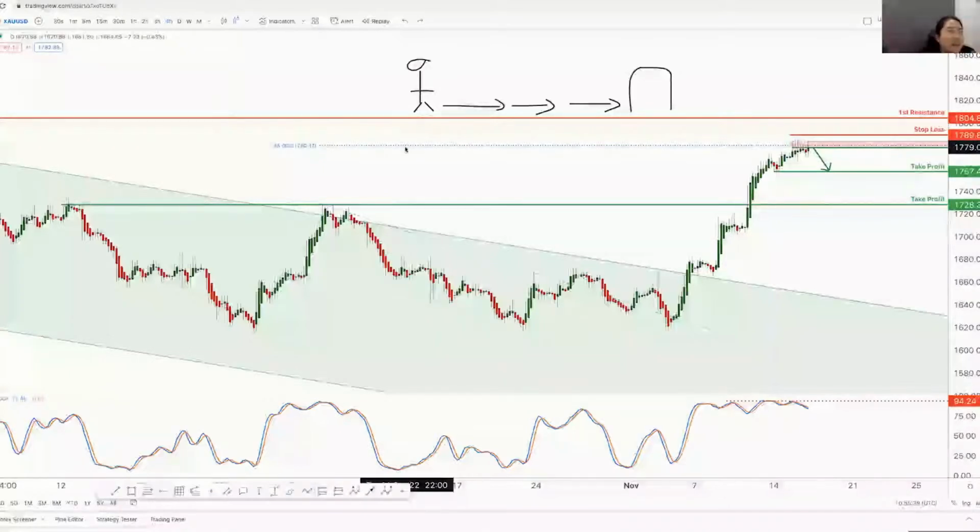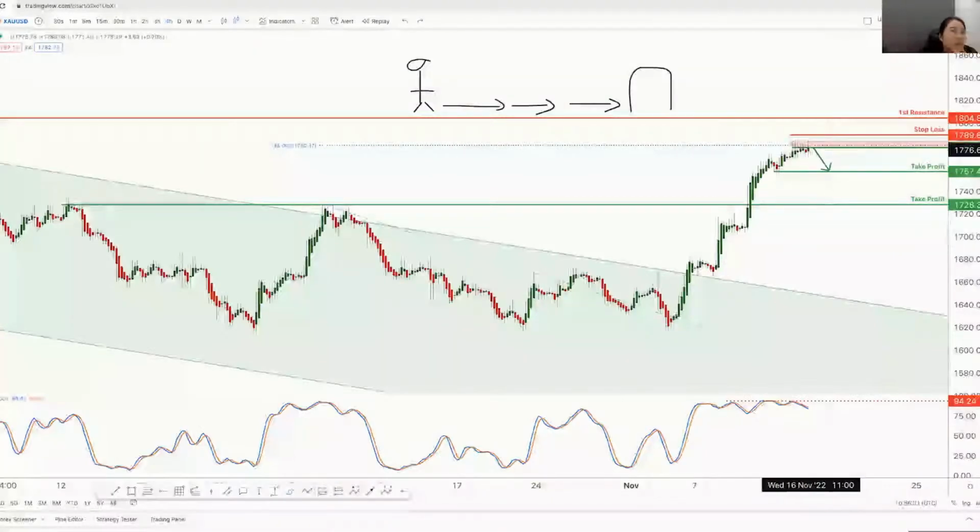Turns out on the other side there is a tiny lock, like those toy locks that you can break open with your hand. This 145 Fibonacci extension represents that weak, fragile lock. Although it's not a very strong Fibonacci level, I'm still going to leave it there to say that there is some form of resistance.